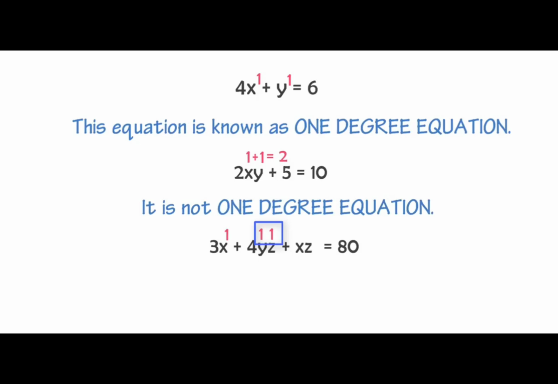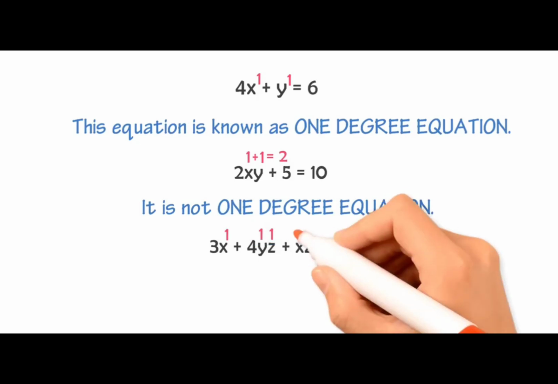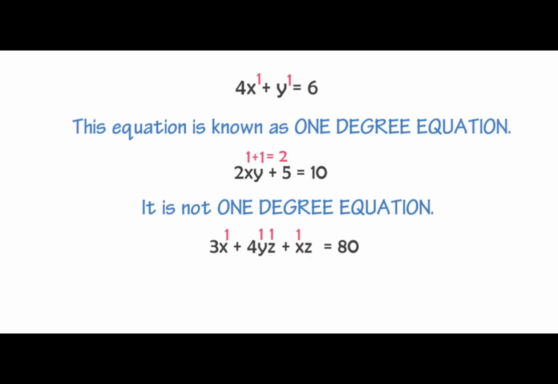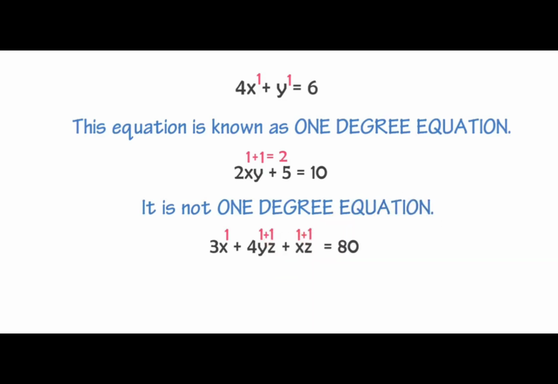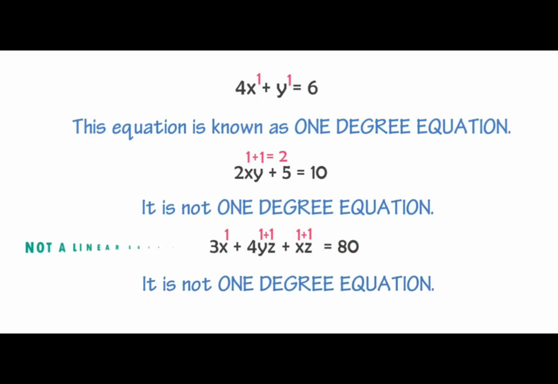Thus, the power of the second term is 2. The power of the third term: x is 1 and the power of z is also 1. Hence, 1 plus 1 equals 2. Thus, the power of the third term is also 2. So, we can say that the highest power of the equation is 2. Hence, it is neither a one degree equation nor a linear equation.